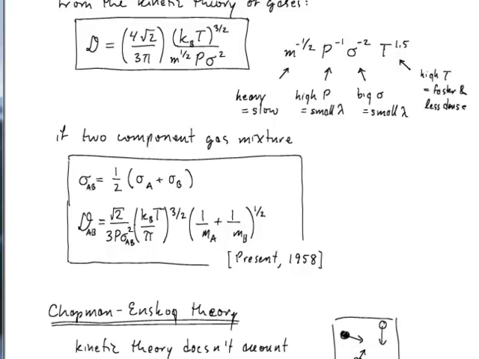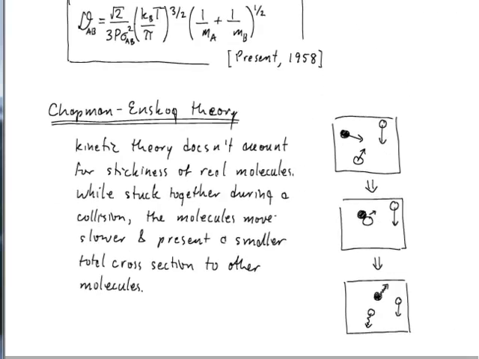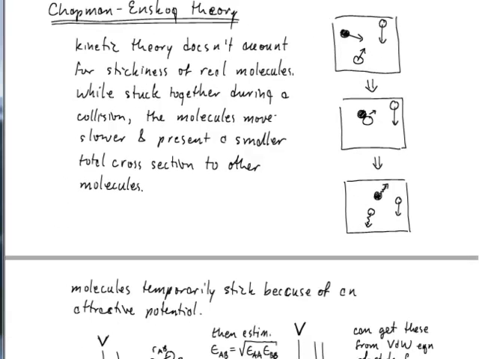A more accurate theory is that of Chapman-Enskog, quite a celebrated result in non-equilibrium statistical mechanics, thinking about, for the first time, the degree to which molecules stick to each other and have partially inelastic collisions, and how that will affect the diffusivity of those molecules.